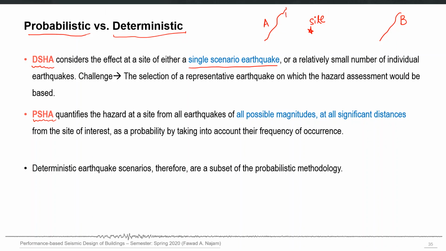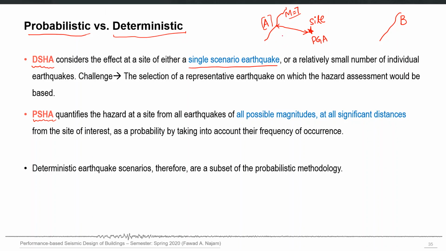So if you say that a magnitude 7 earthquake is the maximum magnitude which this controlling fault can produce, then just based on this one scenario, M7 on fault A, you estimate the peak ground acceleration at your site. This process is deterministic seismic hazard assessment.